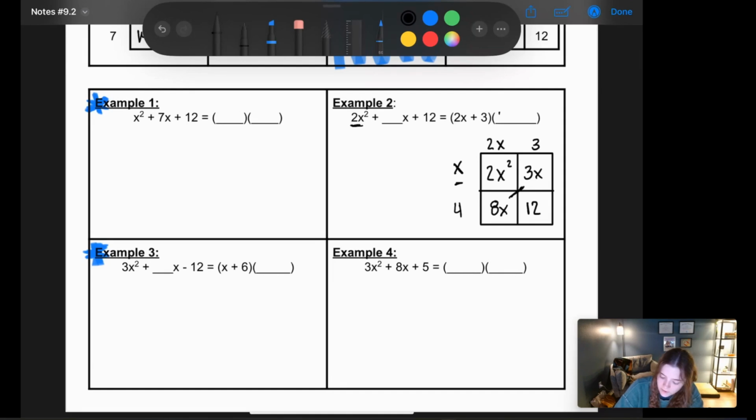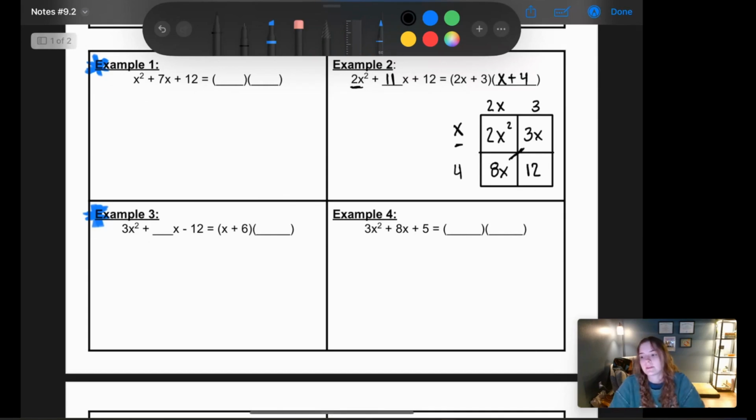Because if we combine like terms, but what are we missing here? x plus 4 is now what we know is our other part of our factor, but if that's true, we know 8x, 3x together, if we combine like terms, what would that put here? 11x, exactly. All right, you're going to try example 3 on your own, but let's take a look at example 4.